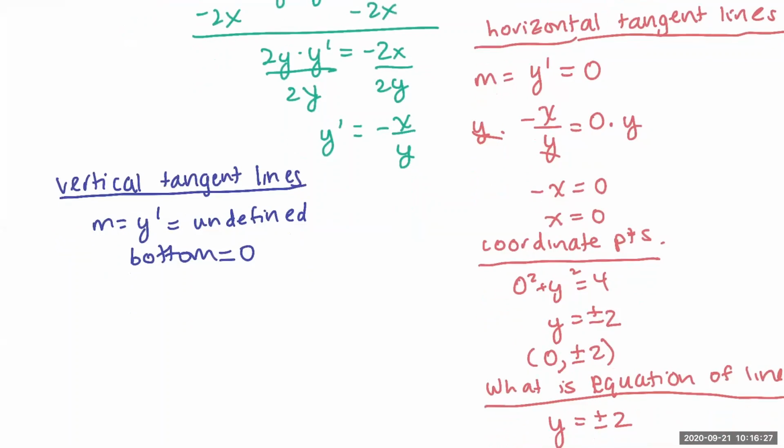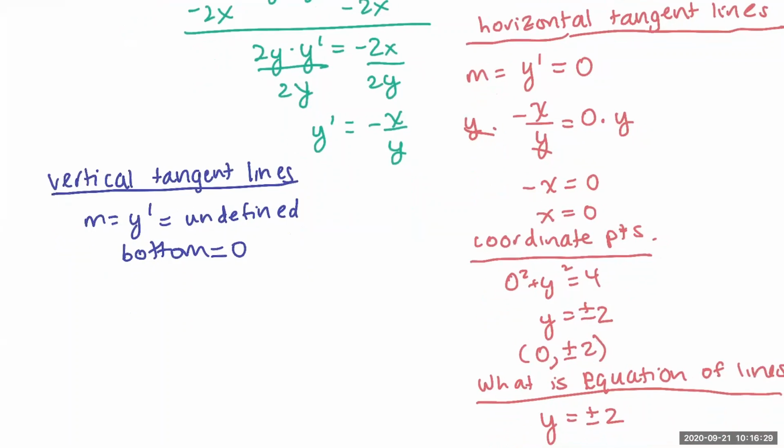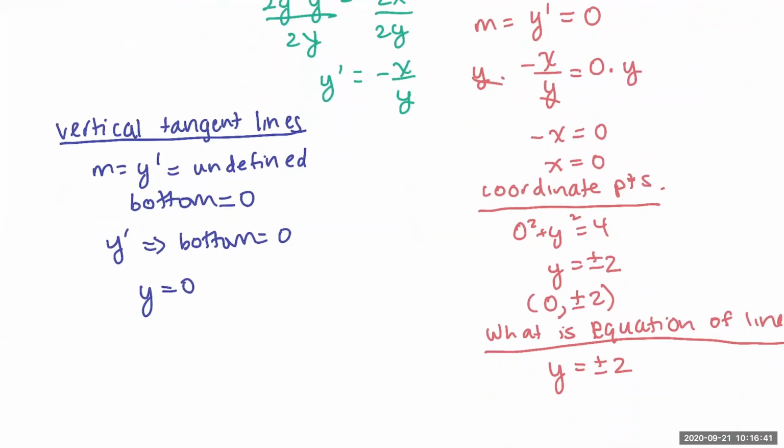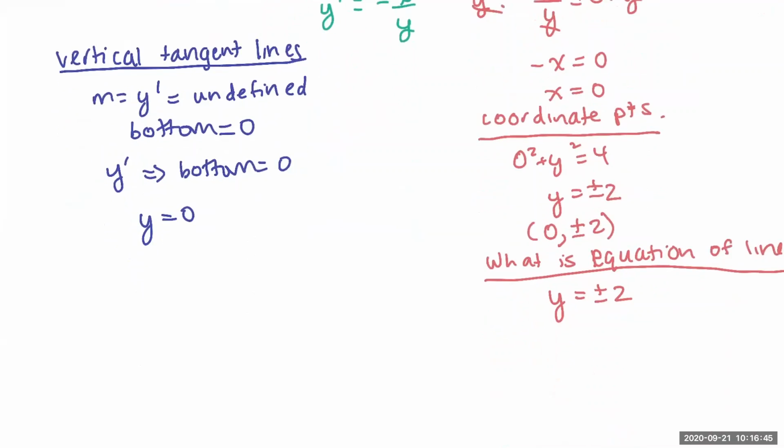So if I'm asking for a vertical tangent line, my first step will be to set y prime where the bottom is equal to 0. So in this case, I'm setting y equal to 0. Where it occurs, it most likely will ask you for the coordinate points.